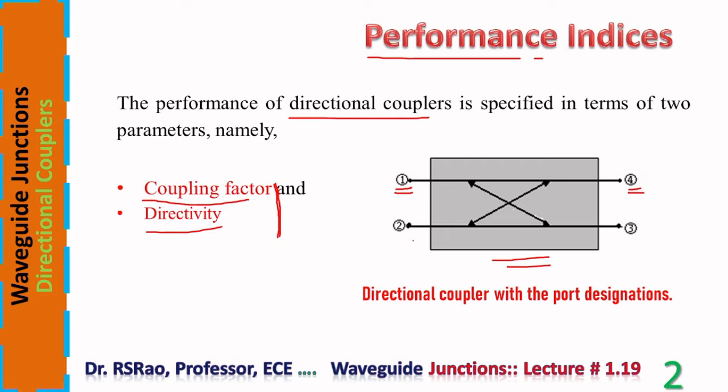Below the input port, there is a port. This is the decoupled port. It is given 2. Opposite to the decoupled port is a port which is given number 3. Notice that in numbering the ports here, the anti-clockwise direction or sense is followed. 1, 2, 3, 4.